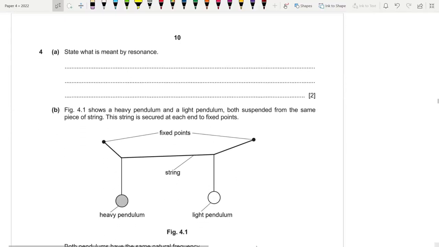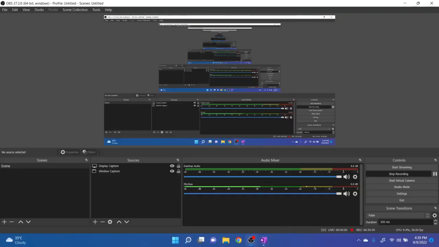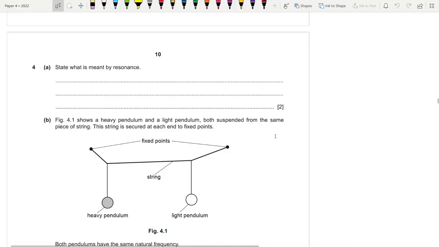Moving on to number 4. Okay, so what is meant by resonance? Basically, when the driver frequency is equal to the natural frequency of oscillation, there's increased amplitude of oscillation. That phenomenon is resonance.